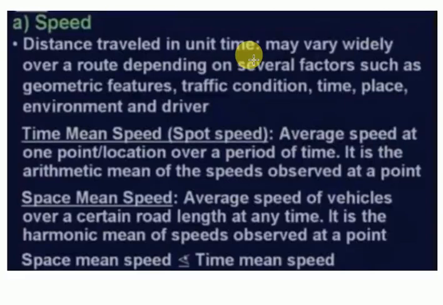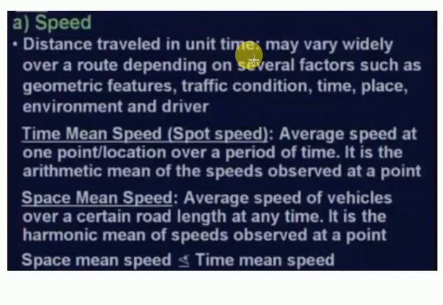The speed of each vehicle may fluctuate depending on geometric features of the road, traffic regulation and control, the traffic volume on that stretch, time of travel or the purpose of the trip, climatic factors as well as certain environmental factors, then the type of vehicle and the characteristics of the driver. So there are various conditions on which the speed of each vehicle depends.